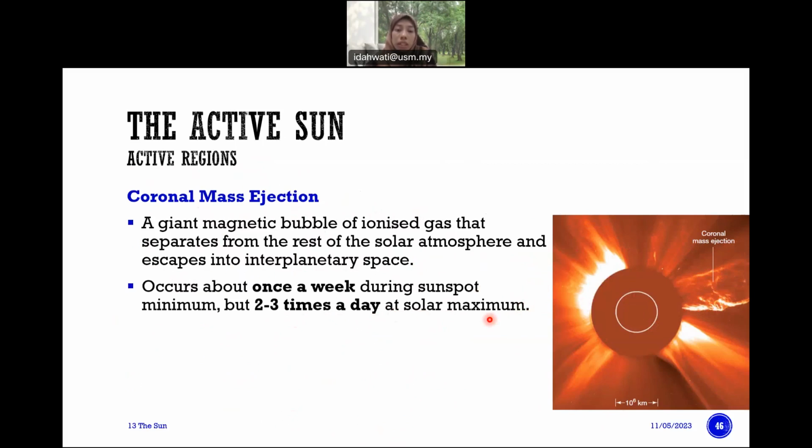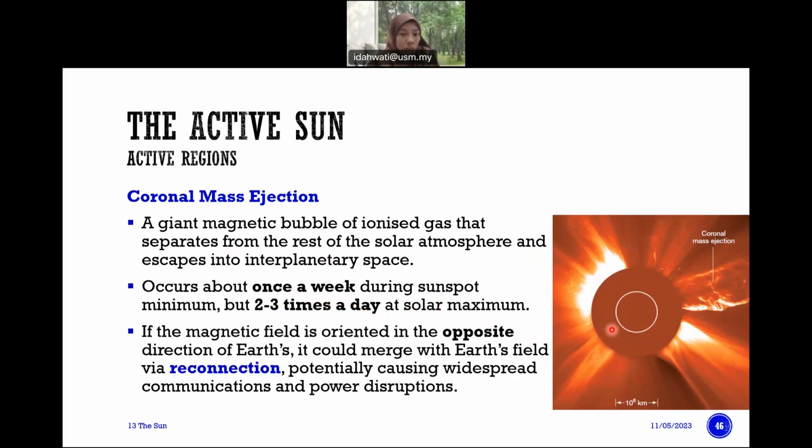So we can see the different space weather happen when the event occurs at solar minimum or solar maximum. If it is solar minimum, this is reported about once a week, but if it is in solar maximum, it can happen 2 to 3 times a week. Okay, so that's when the sun is very active during the solar maximum.